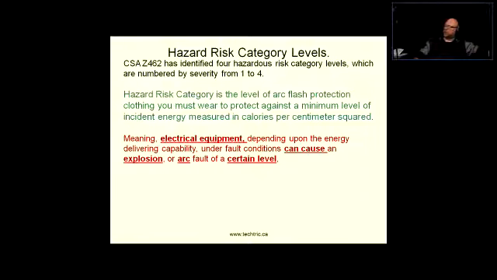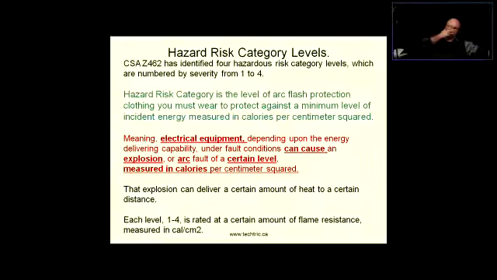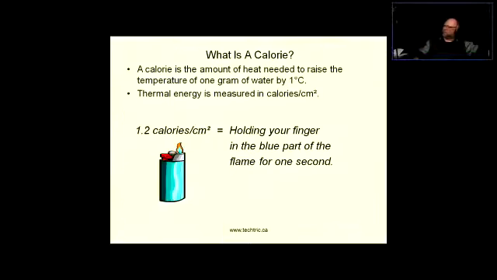Mini lightning bolt, yeah. That explosion can deliver a certain amount of heat to a certain distance, right? Each level 1 to 4 is rated at a certain amount of flame resistance. So flame resistance, you're talking about the protective clothing.